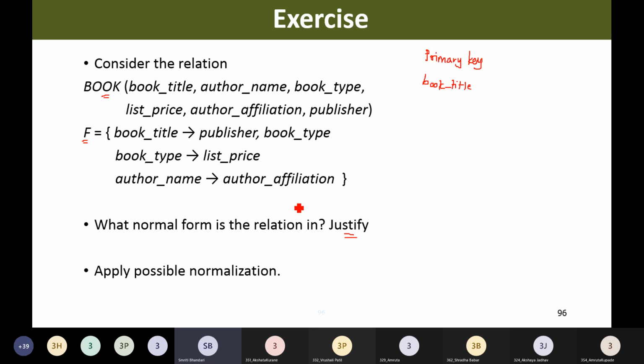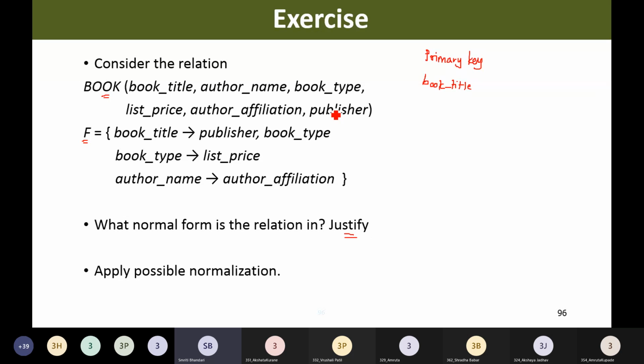Now, see here, we have been provided with the set of functional dependencies. If you are saying that book title is the primary key for this relation, you need to justify that. And how are we going to justify it? Simply, if book title is the primary key, then it should determine all the attributes in the relation.